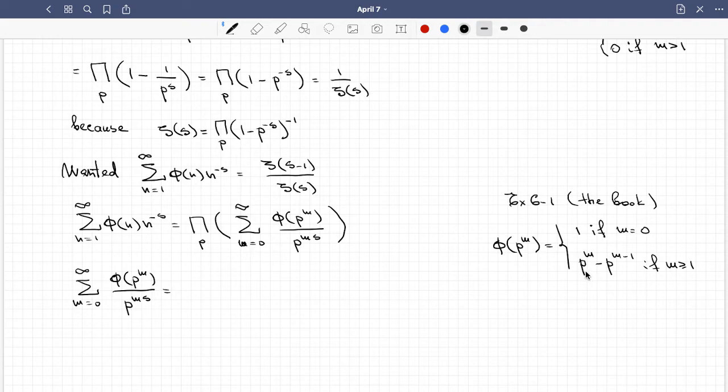This will give us 1 minus 1 over p, which we don't want. So we single 1 out. When m is 0, this is 1, and this is 1. What is left is the sum from 1 to infinity.